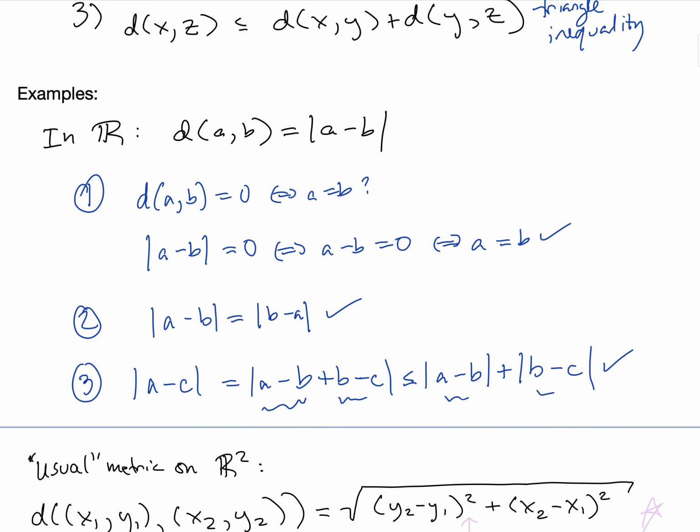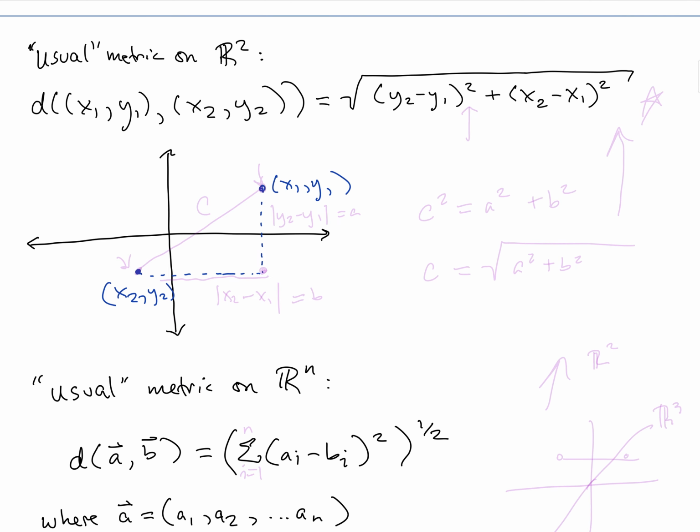The term triangle inequality comes from the usual metric on R squared, what we normally think of as the distance between 2 points on the plane, which is given by the square root of (y2 minus y1) squared plus (x2 minus x1) squared. So seeing that in action, this is your usual distance between 2 points, in other words, the length of this line segment between those 2 points.